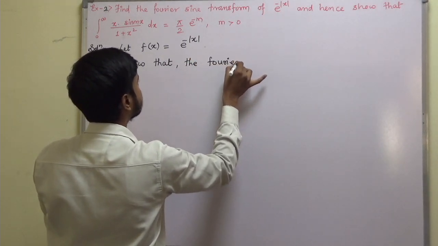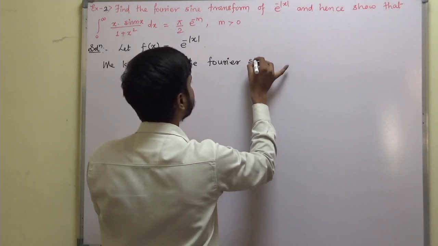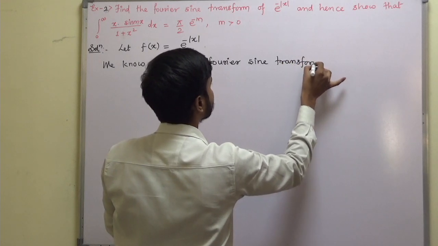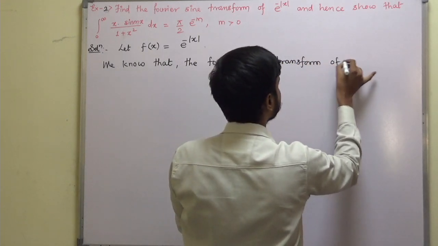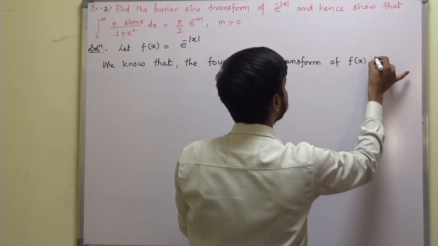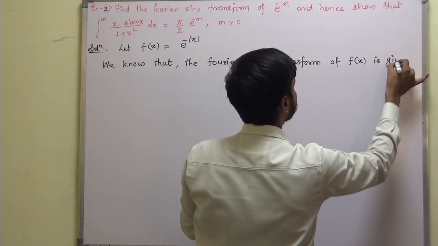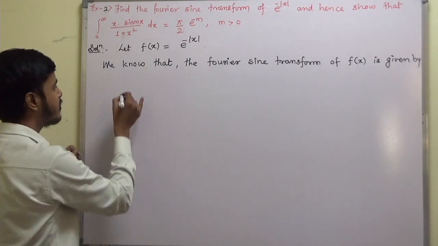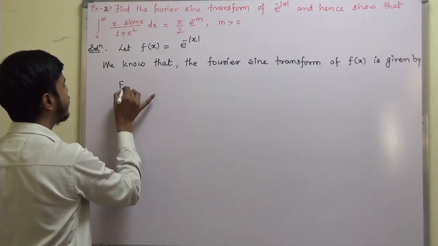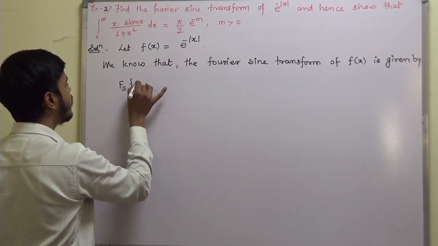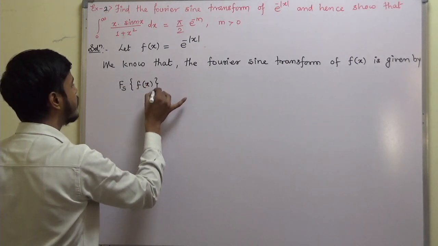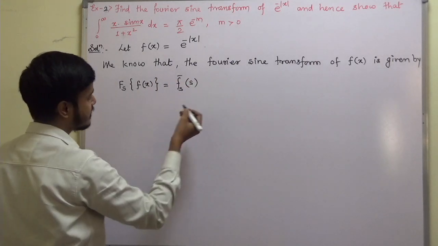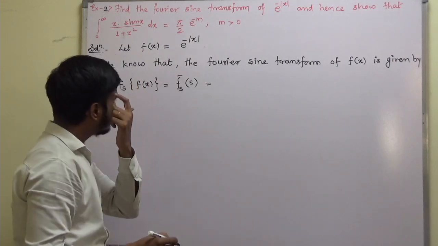the Fourier sine transform of f of x is given by what? Yes, do you remember that? Yes, that is the Fourier sine transform of f of x, which we denoted by f bar of s, is equal to, what is it?